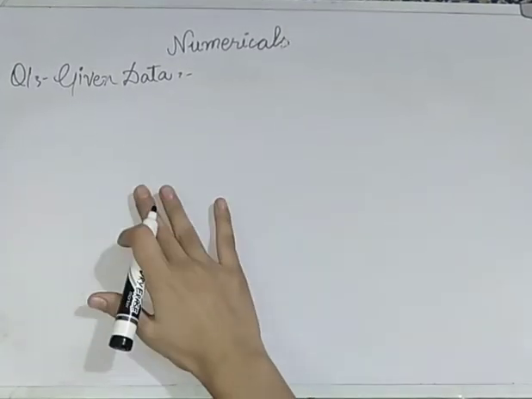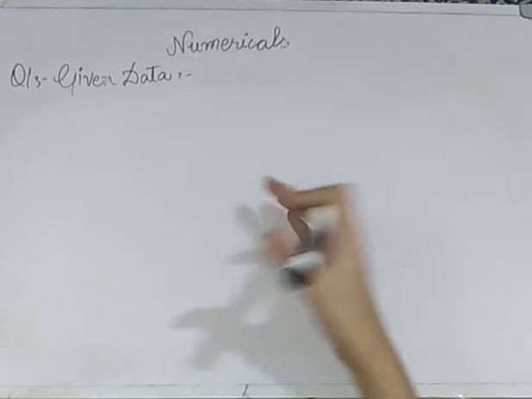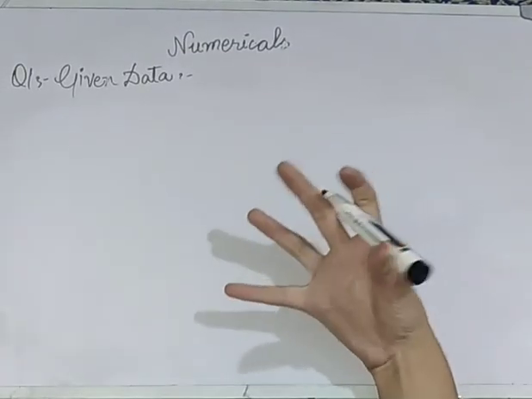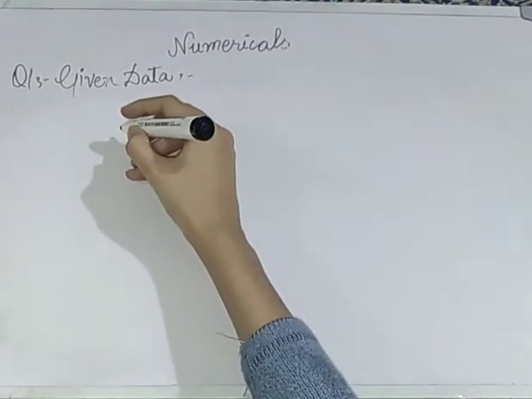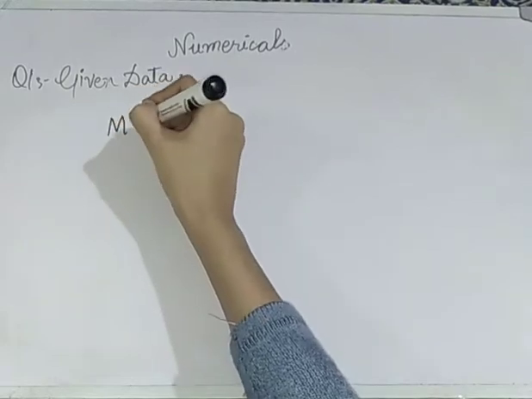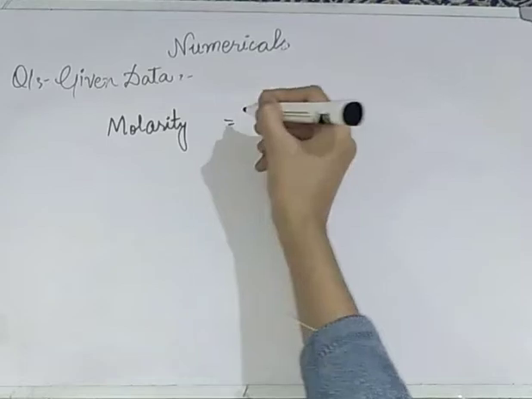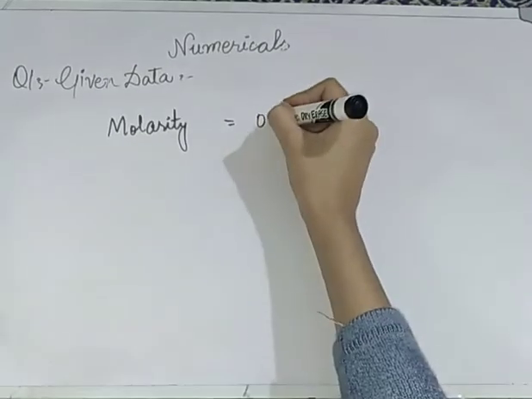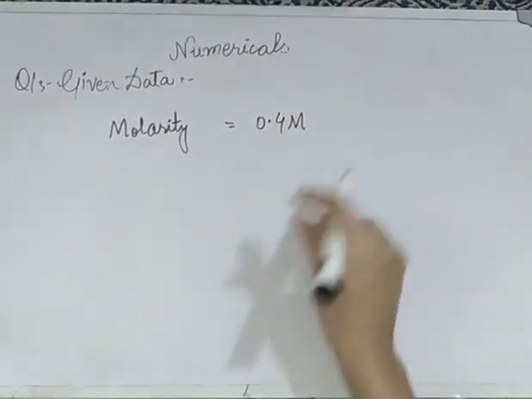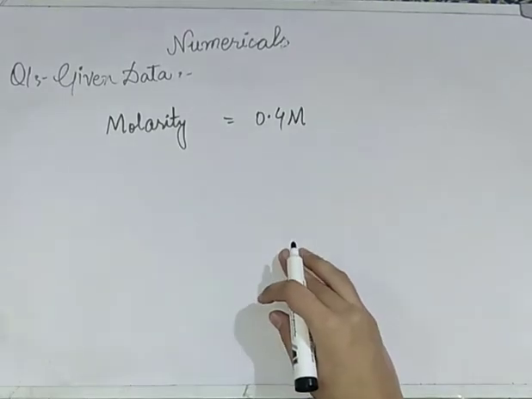First we'll write what the question has given us. Molarity of solution, or simply molarity, equals 0.4. The second thing is volume of solution.